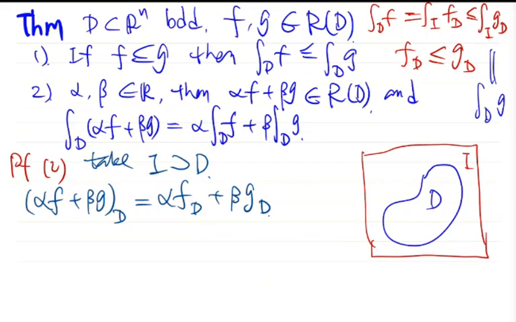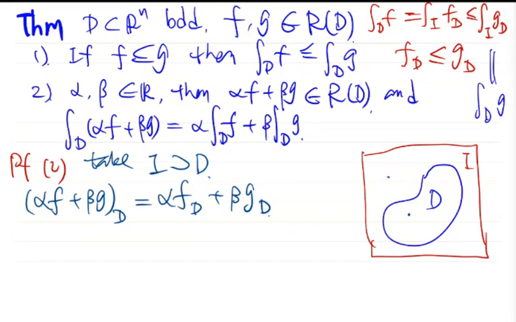So if a point belongs to D, then all these three functions in this equality, the right-hand side and the left-hand side, are evaluated at the point in D. So this is the usual equality. And if a point x is outside D, then both sides of this equality are zeros. So this means that this equality is always true in the whole Rn.